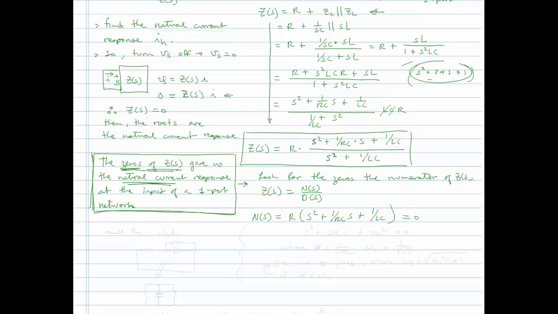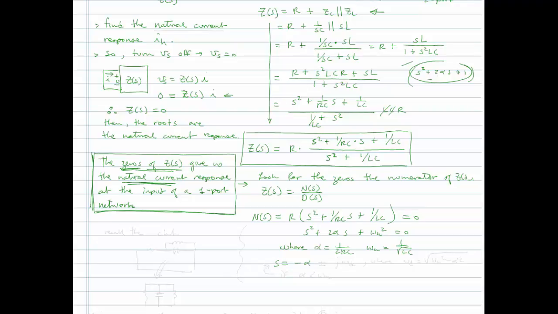Well, I can recognize this. This is S squared plus 2 alpha S plus omega n squared. That's that standard form, where alpha is equal to 1 over 2RC, and omega n is equal to 1 over square root of LC. So right away, I'm able to write these roots here.